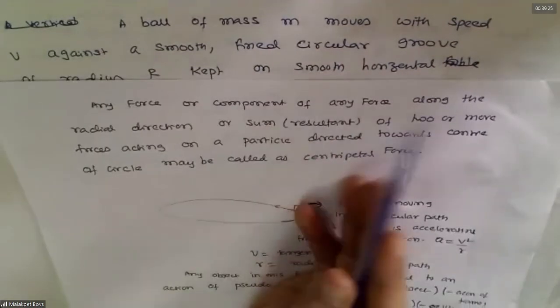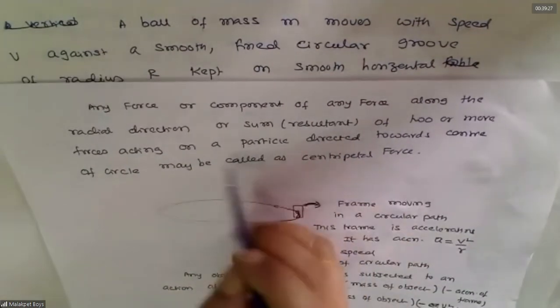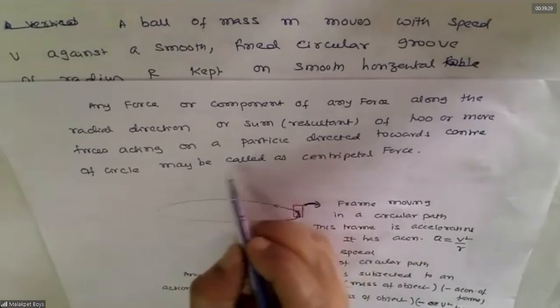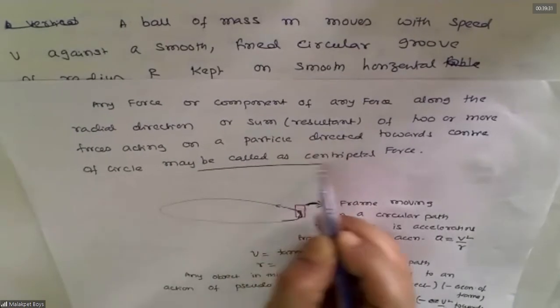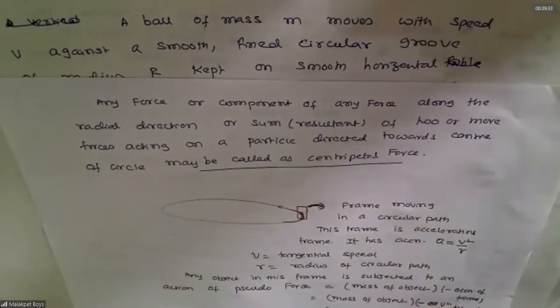This is what I wrote here: any force or component of any force along the radial direction, or their sum, may be called centripetal force. You wrote this now? Yes, sir.